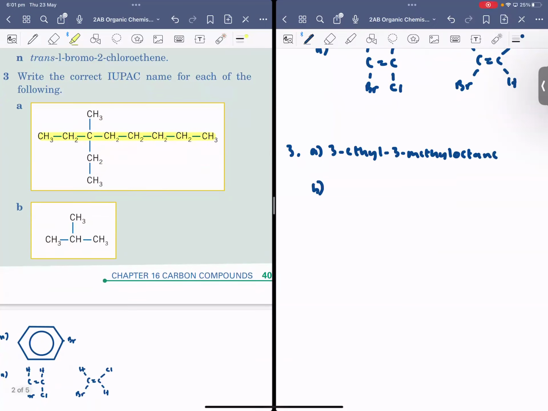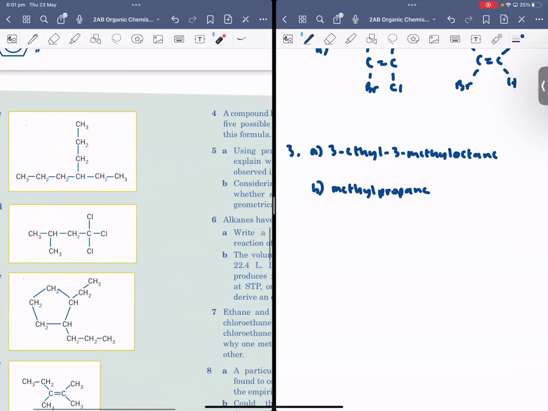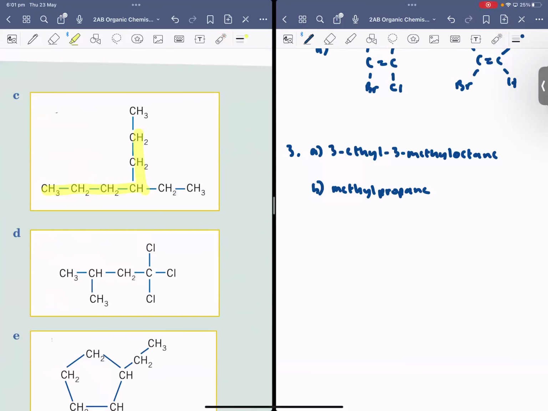B. Biggest chain is this. The methyl can only come off the middle. So what's the name? Methylpropane. I don't think writing 2 methyl is a good idea because the only spot it can come off is in the middle. Biggest chain is not this, it's actually that. A lot of people would have suggested that's the biggest chain, but it's not.